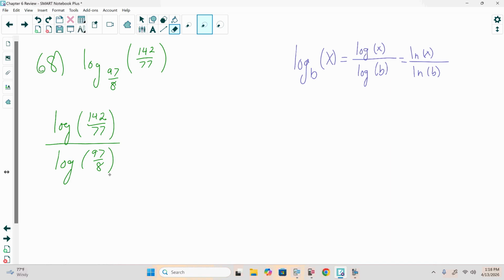So log of 142 over 77 over log of 97 over 8. And writing in terms of natural logs would be the exact same thing, but instead of using log, we just use ln.